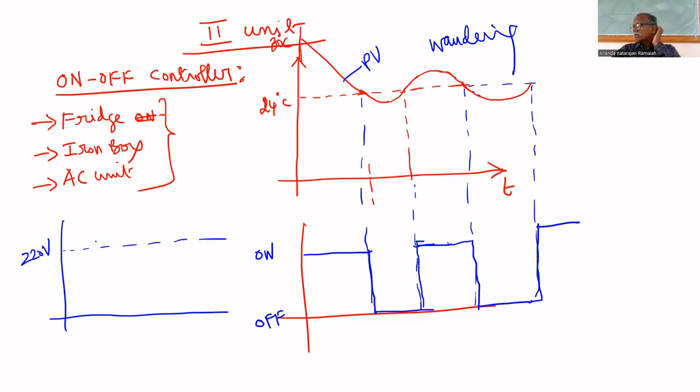Let us assume that if I add one winding, it exceeds 220. Auto transformer has a number of windings, say 400 or 500 windings. Auto transformer means a single winding.